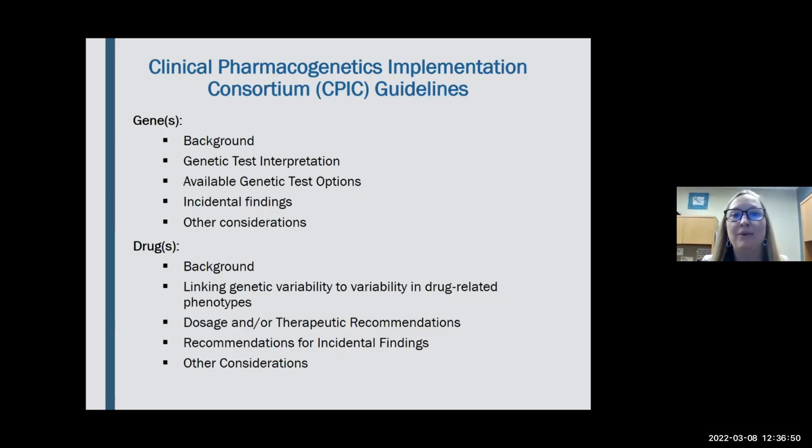What I'd like to do now is turn to the actual, let me know if my screen isn't sharing anymore. I want to show you where to find the guidelines so you can have more tools in your belt to ensure that you're not just taking the reports at face value.